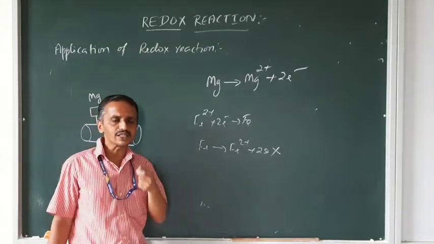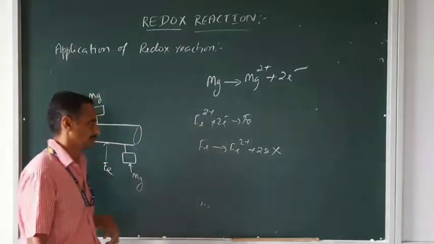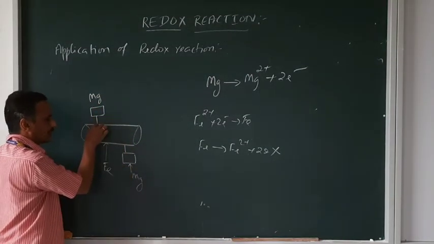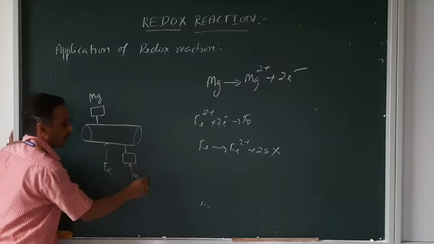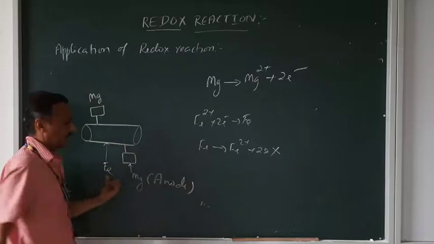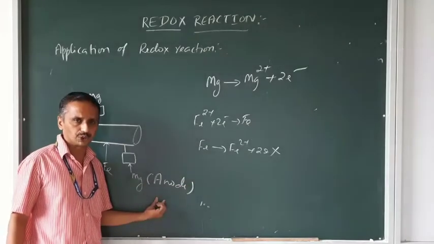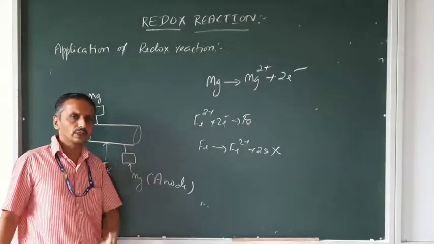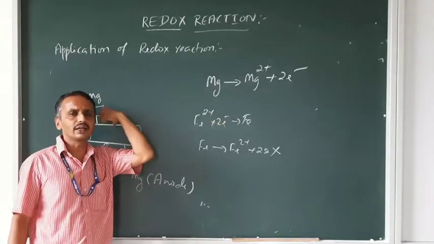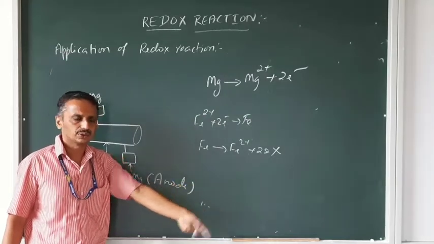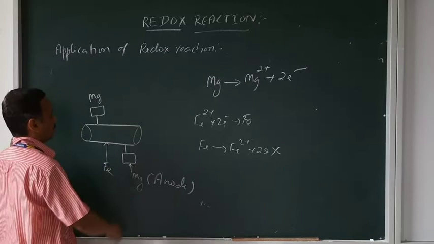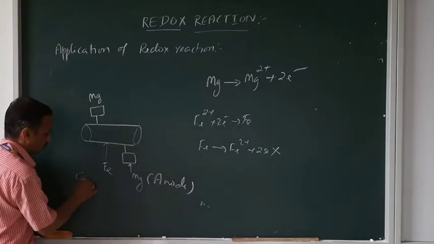And why do we call it cathodic protection? See, when the magnesium and the iron are connected, magnesium becomes the anode because it is more electropositive. More electropositive always undergoes oxidation. They readily give electrons. So until the magnesium is there, magnesium is the anode and iron becomes the cathode.